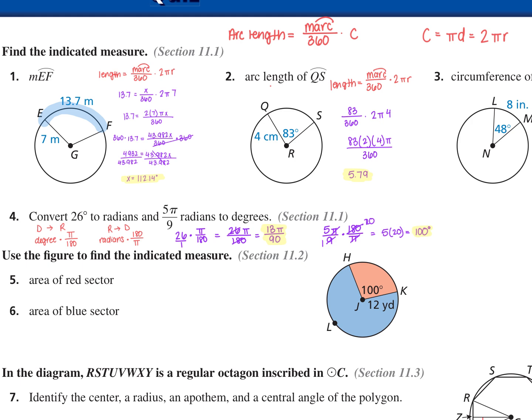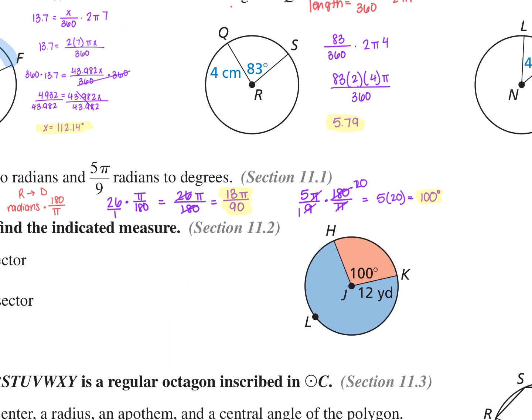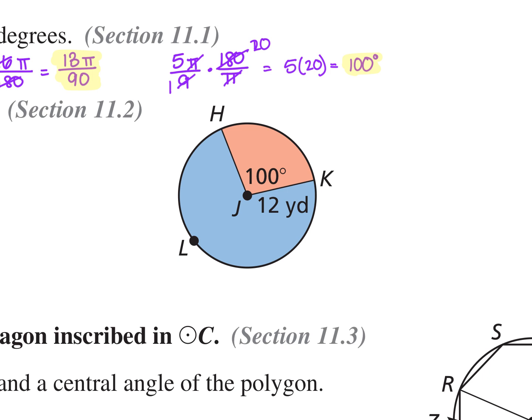It's just that piece. But the area of the sector is asking for the entire thing, not just the crust. So I'm using the formula for area, while the length is using the formula for the circumference, which is just the outside. So hopefully we understand that a little bit more.